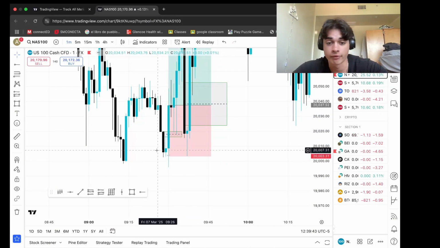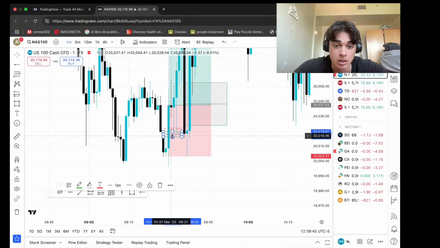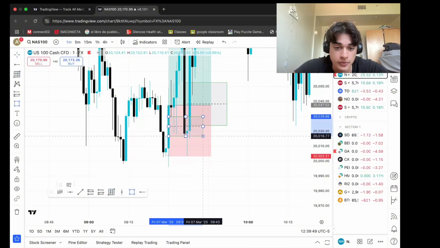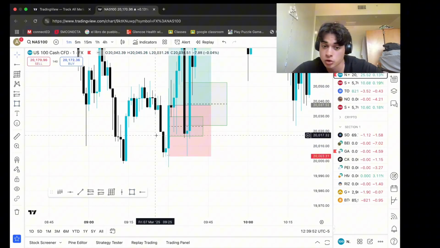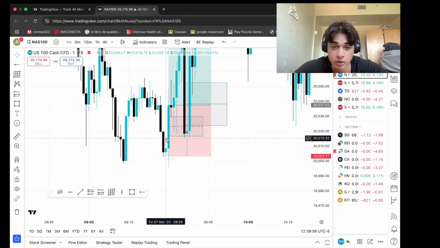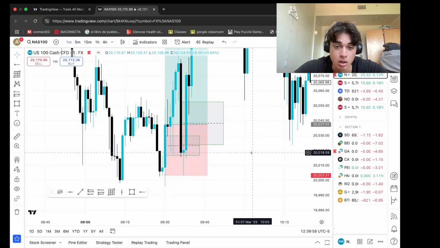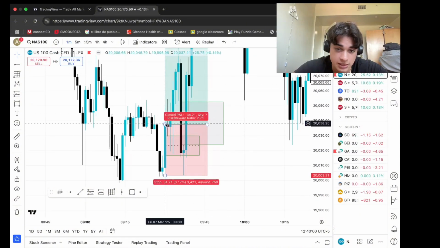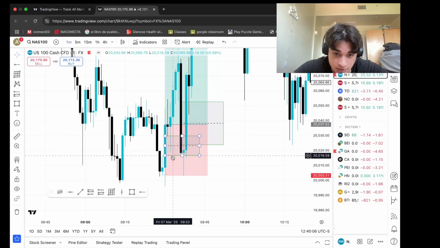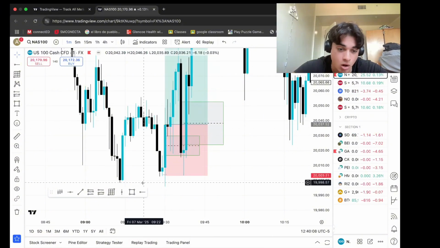But if we use inverse fair value gaps as a break of structure and then follow it up with another confluence, a fair value gap, what we can do is take this fair value gap and say, hey, we broke structure because of the inverse, not once, but twice. And additionally, we filled this fair value gap with this candle perfectly and reacted strong.